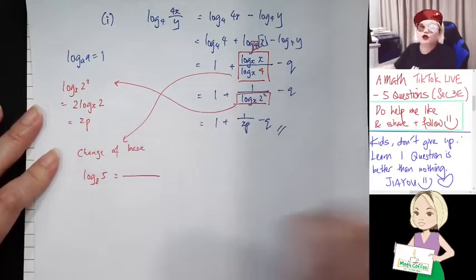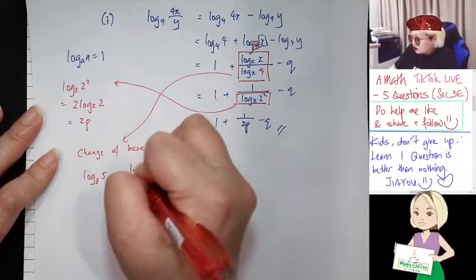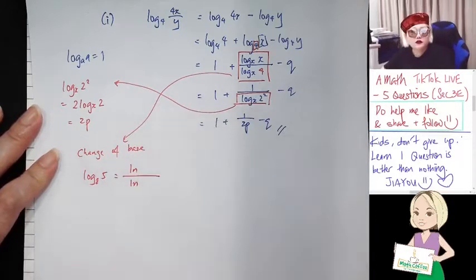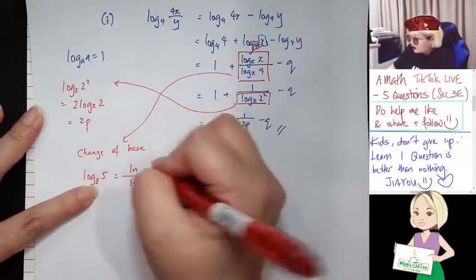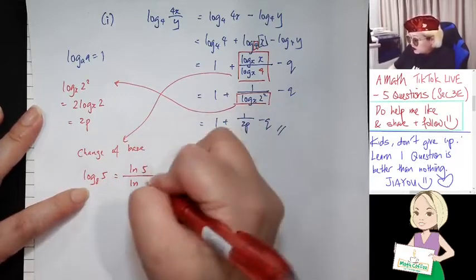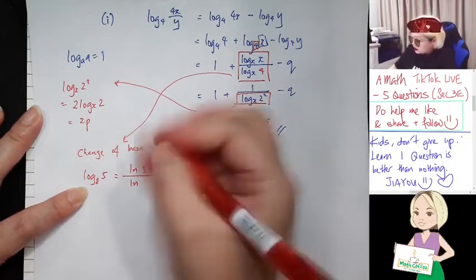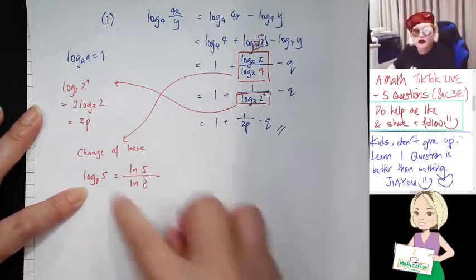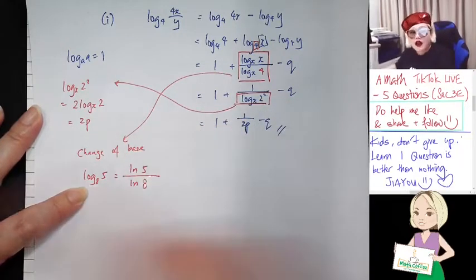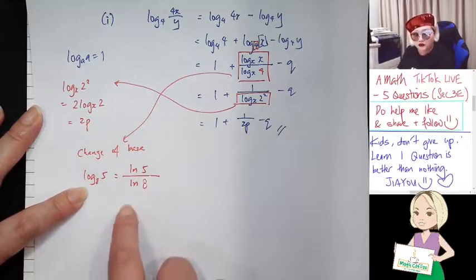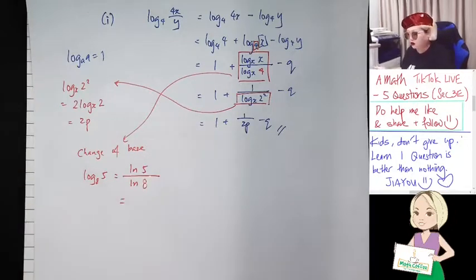Let's say I'm going to change to ln. So I put ln first. The 5 goes to the numerator, the 8 goes to the denominator. Sorry, not 5, 8. 8 goes to the denominator. Okay, so then on the calculator, press ln 5 divided by ln 8, and then you will get the value.